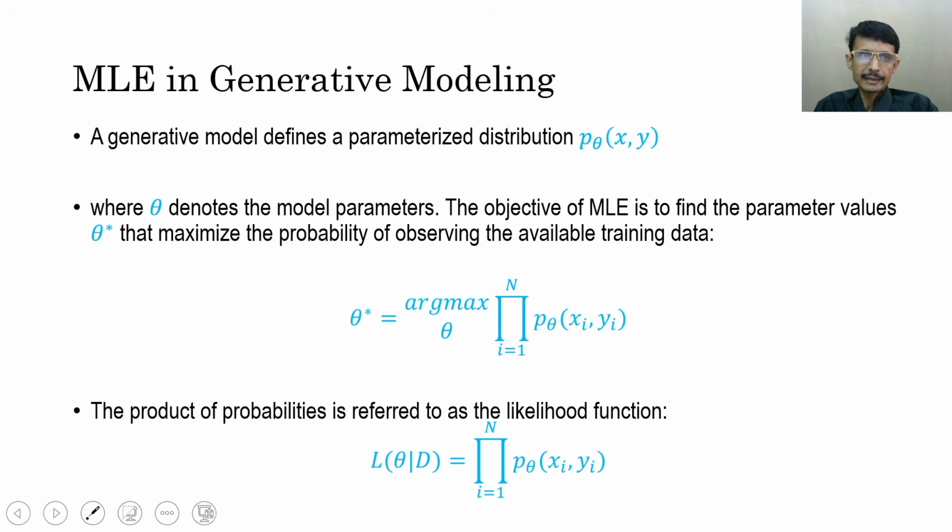Now, a generative model defines a parameterized distribution p theta. Since we cannot find the true distribution, we try to approximate it, where theta denotes the model parameters.